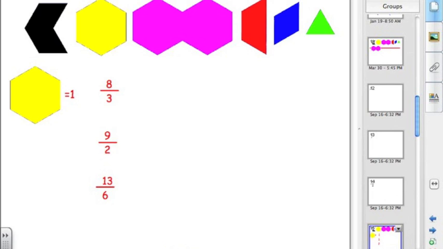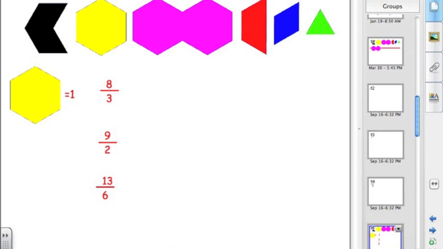What does that mean, 8/3? Means it takes 3 to make a whole. You have 8 pieces. Okay, it takes 3 to make a whole, and I have 8 of those. So you have 2 wholes. So if yellow is 1, hexagon is 1, what color would those pieces be?